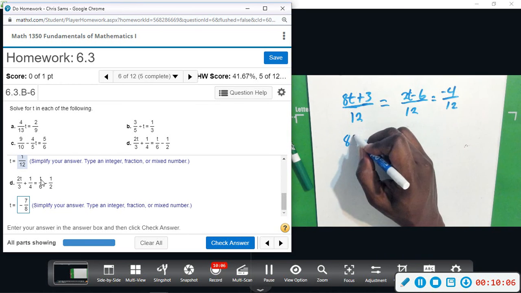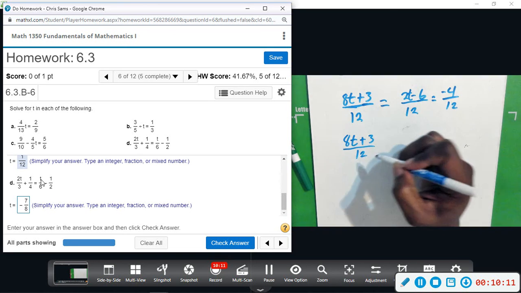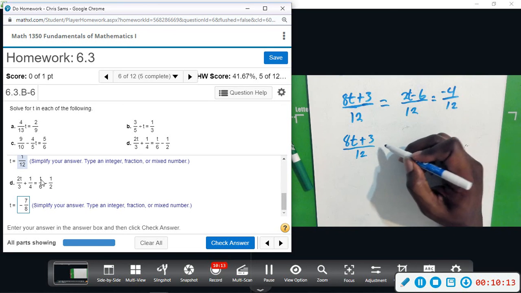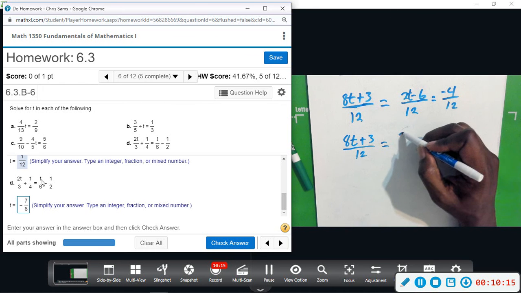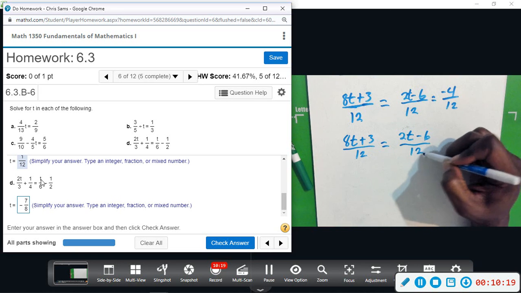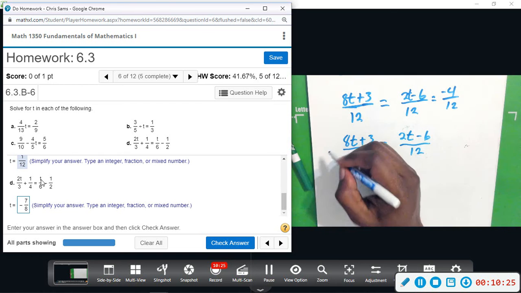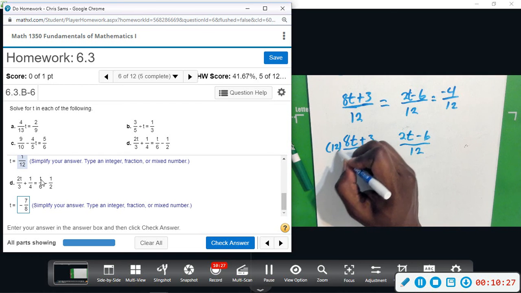So we have 8t plus 3 over 12, and then this equals 2t minus 6 over 12. Okay, so since both denominators are 12, we can simply multiply both sides by 12 to get rid of those.